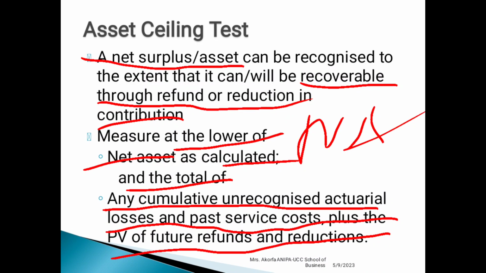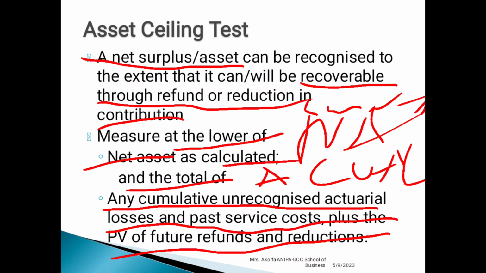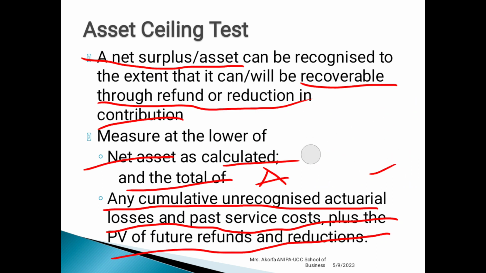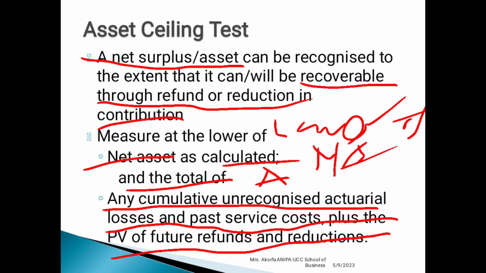The space is very small, so let me write: lower of net assets and cumulative unrecognized actuarial losses.